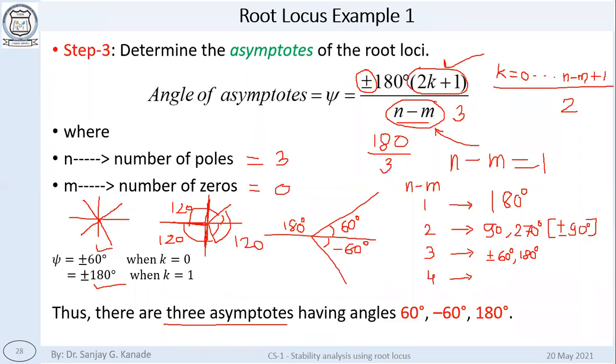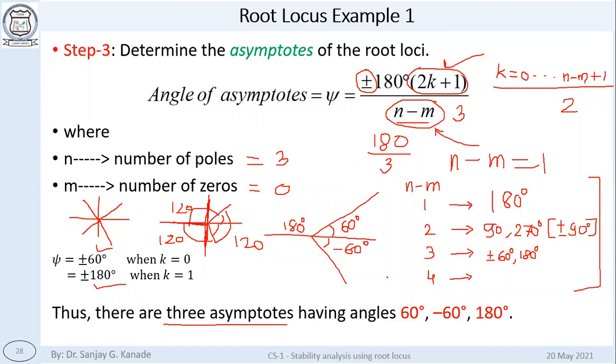So the angles of asymptotes are going to be these values only. You don't have to worry a lot about these, because from n minus m itself you are getting the values of the angle of asymptotes. If there is only one asymptote, it has to be 180. If there are two asymptotes, there will be plus minus 90.